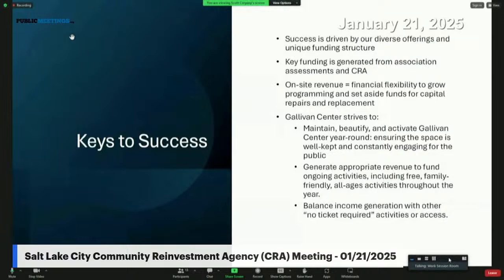We generate appropriate revenue to fund our ongoing activities, including free, family-friendly, all-ages activities throughout the year. We continually thread the needle, if you will, in terms of balancing those income-generating activities with other no-ticket-required activities or access, including daily passive enjoyment.